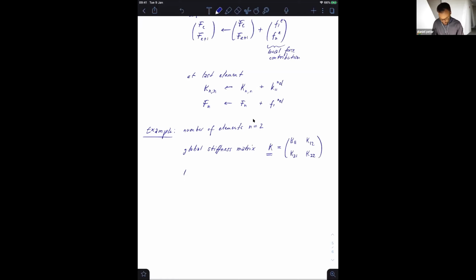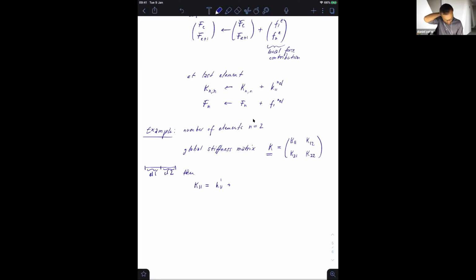So then what are the local contributions? We have two elements, element 1, element 2. So K11, the global one, has these two contributions, the local one from element 1 plus the local one from element 2.